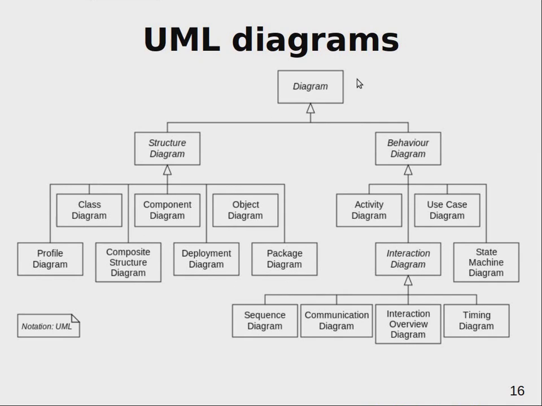First, you just draw a diagram, and these diagrams may represent structure or behavior. Structure describes things which do not change over time. For example, if you cared only about data structures, that would be just like entity relationship diagrams.